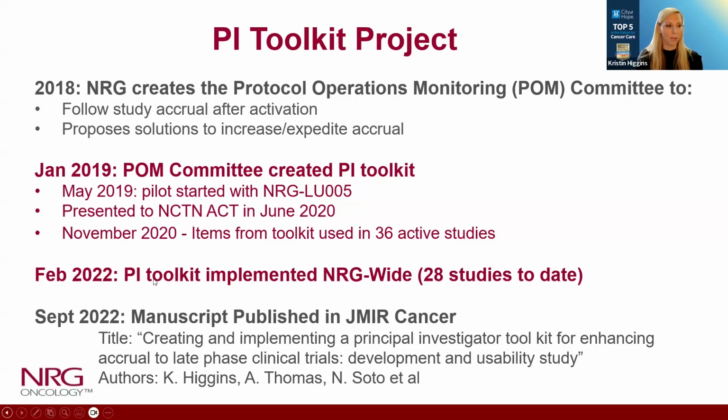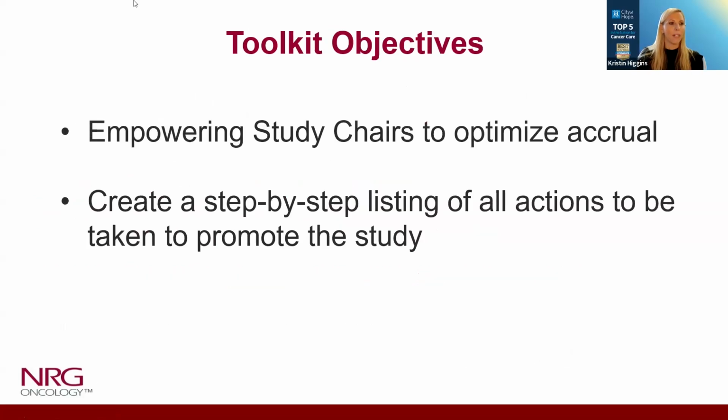And we also published a paper on this work in September of 2022 in JMIR Cancer. And again, the whole purpose of the toolkit was to empower the chairs of our trials to really go after the clinical trial accrual. And to make it something that we're engaged with and really using all the tools out there to get all of the oncologic community engaged with the clinical trial.